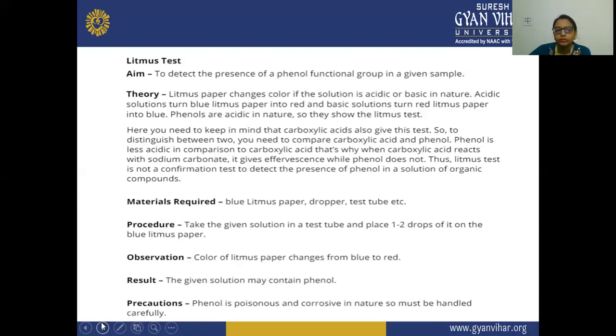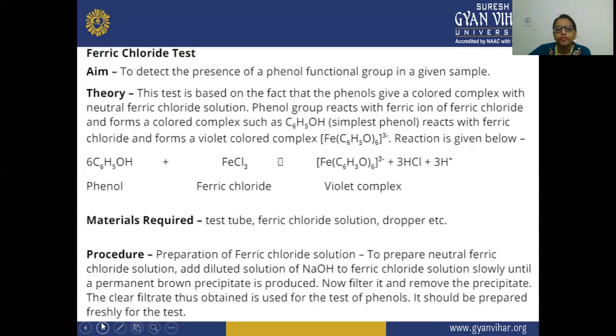Next test is the ferric chloride test. The aim is the same, to detect the phenol functional group in a given sample. The theory is that this test is based on the fact that phenol gives a colored complex with neutral ferric chloride solution.